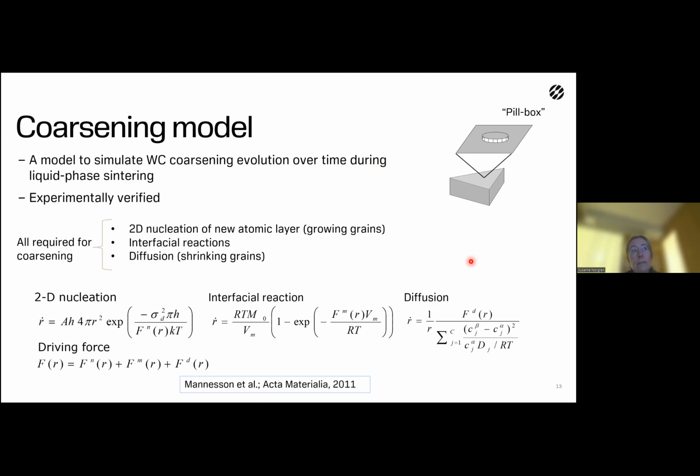At the same time, we learned that the best agreement between the experimental values and the model was when we didn't have any limit on the dissolution of the shrinking grains, but we had one on the growth of the growing grains.